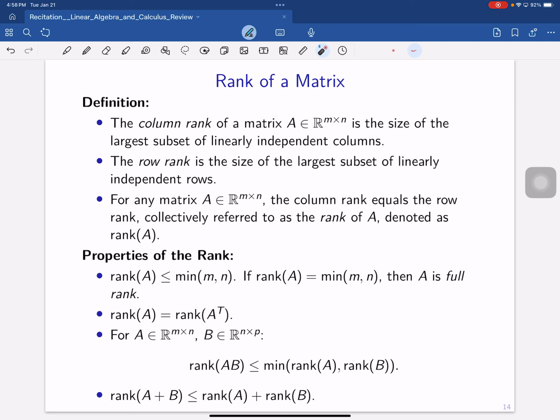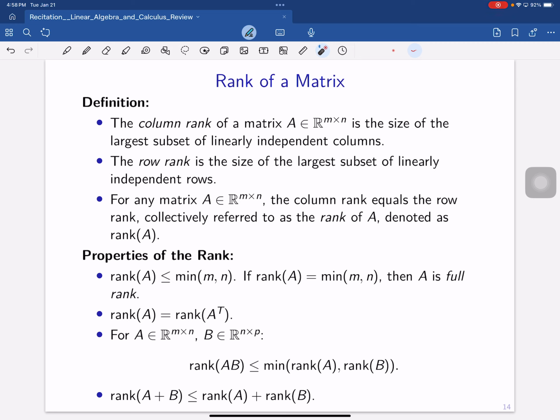When you multiply two matrices, either the number of columns or the number of rows would be the minimum of one of the matrices. Since we have defined rank to be the minimum of a particular matrix, either column rank or row rank, this has to be satisfied. Roughly, that's the intuition.